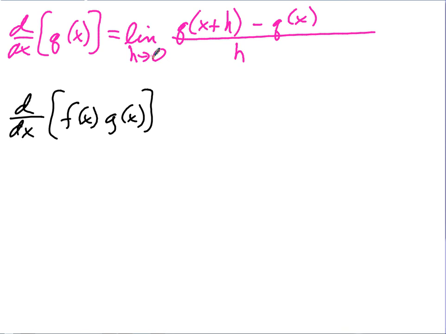So what's that going to look like? What's the derivative with respect to x of f of x times g of x going to look like? So this is our combined function, this is like q of x, right? What do you think? Ideas?